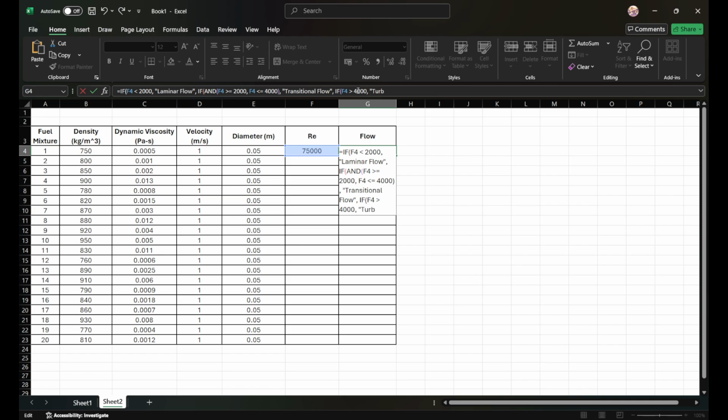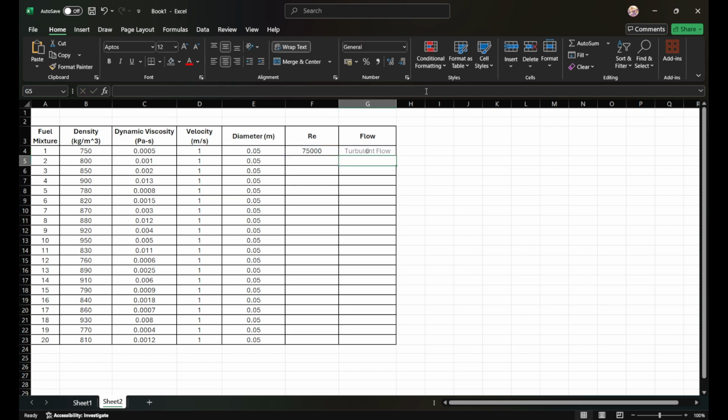This would be a turbulent flow. I guess that would wrap up since we have three parentheses.